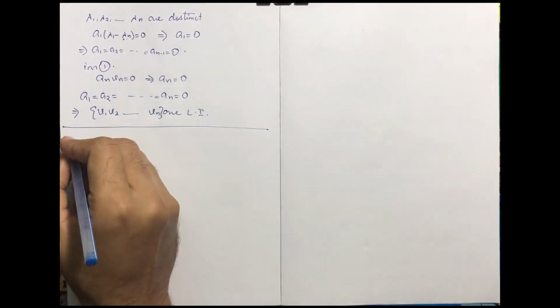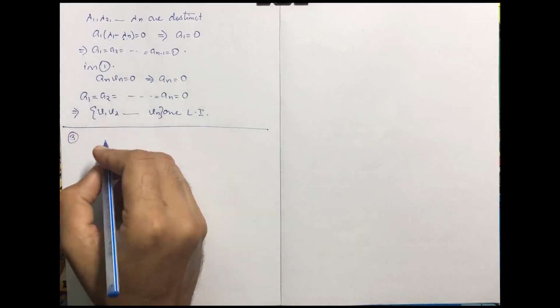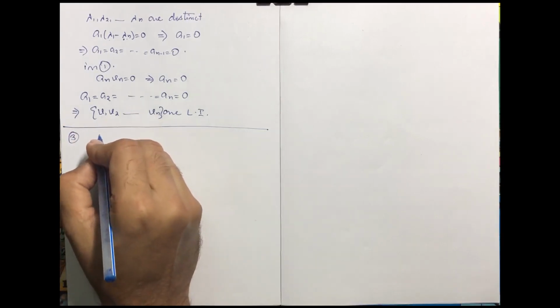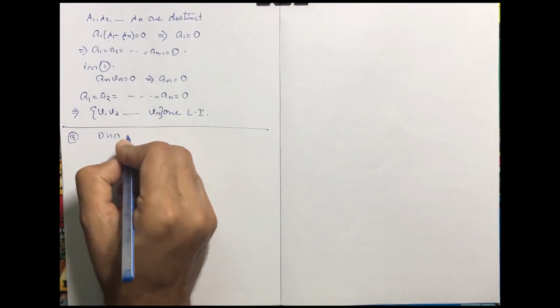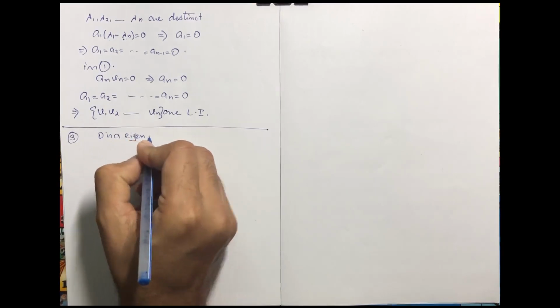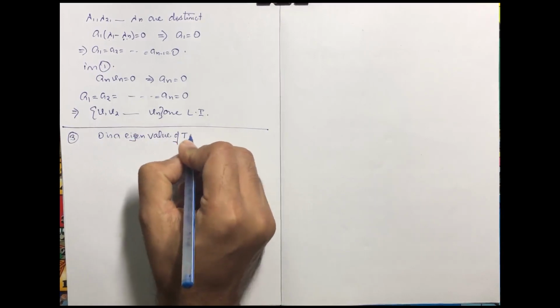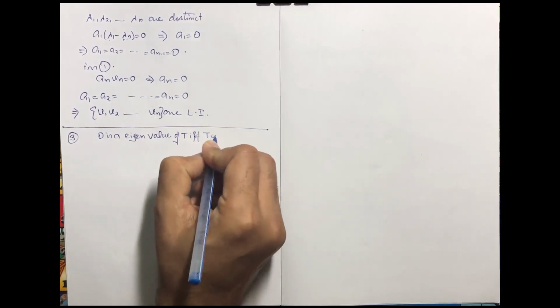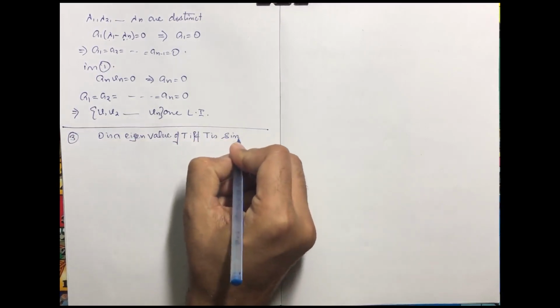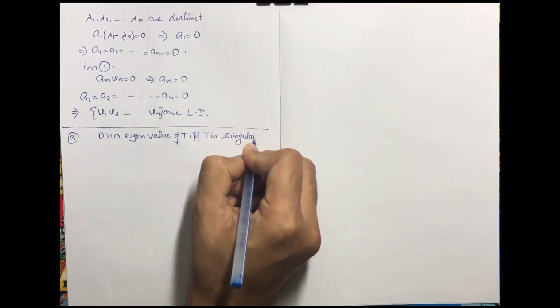Next result, third one: 0 is an eigenvalue of T if and only if T is a singular operator.